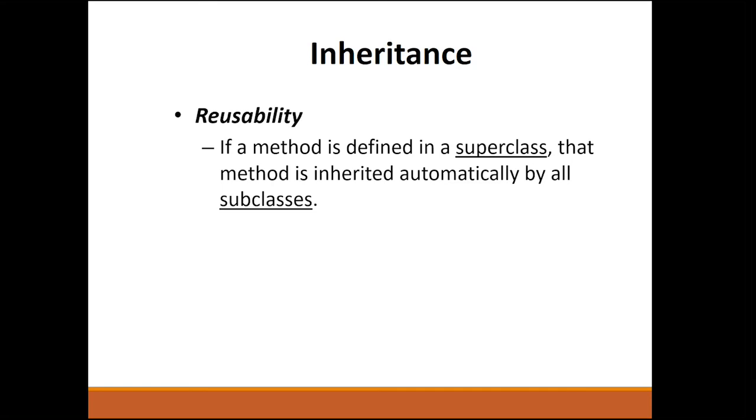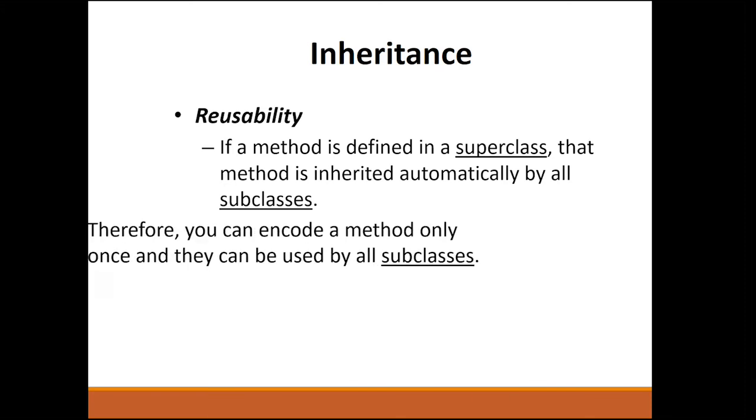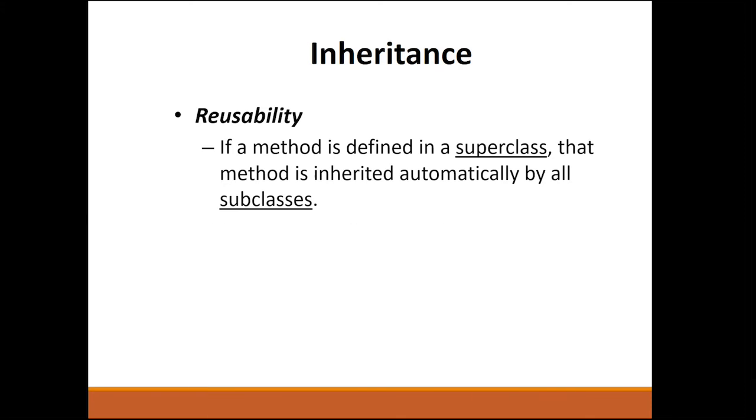Okay, so ibig sabihin, if gumawa ka ng method or yung gumawa ka ng class or yung isang method is existing doon sa superclass, automatically that method will now be copied or meron si subclass. Same lang sa inyo. For example, di ba?